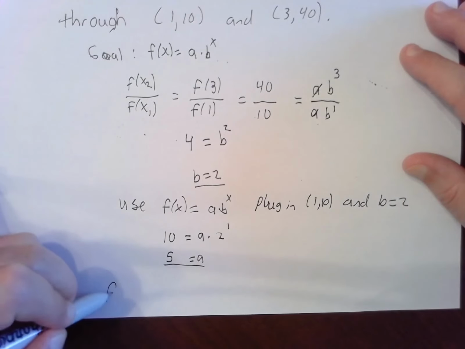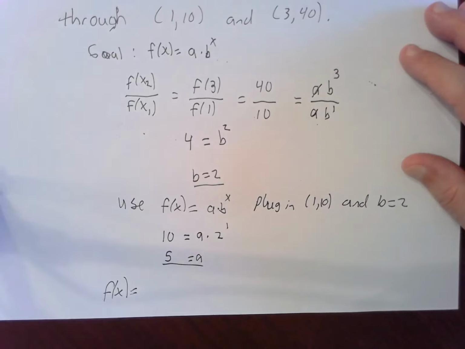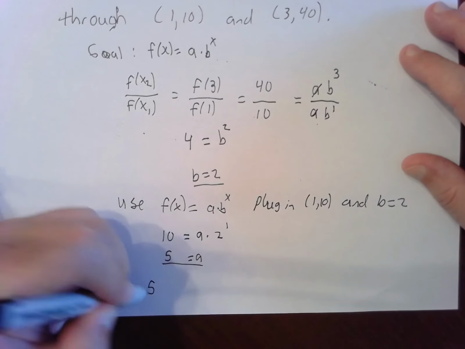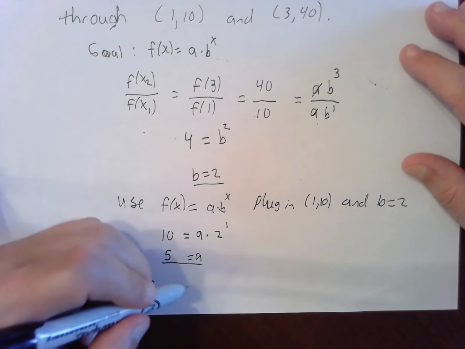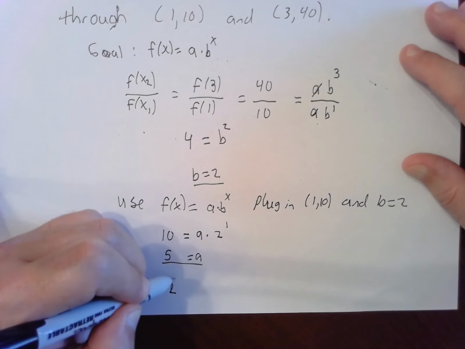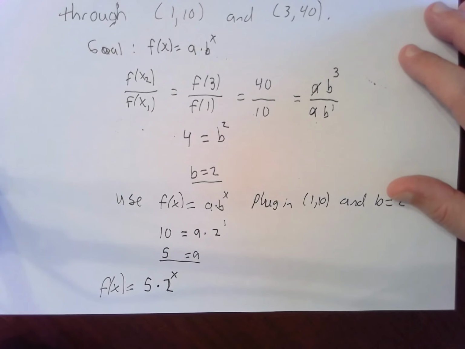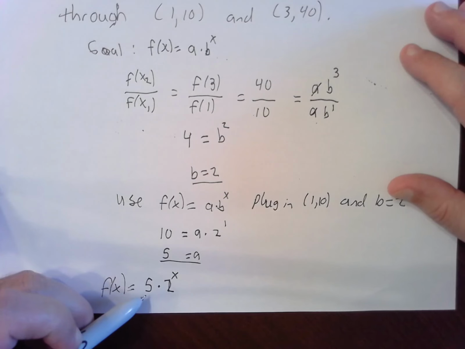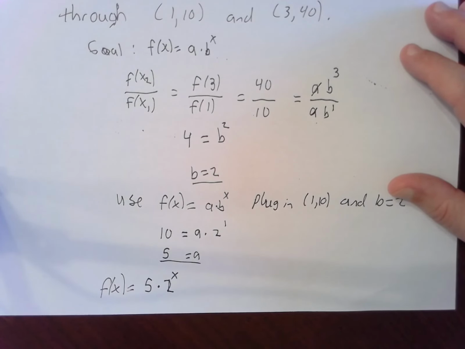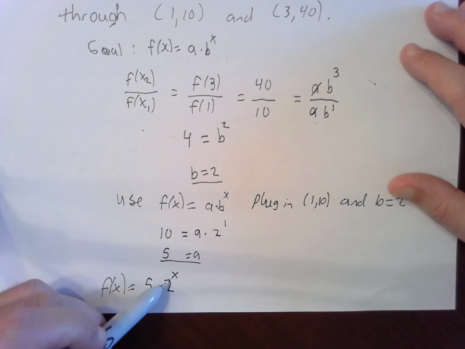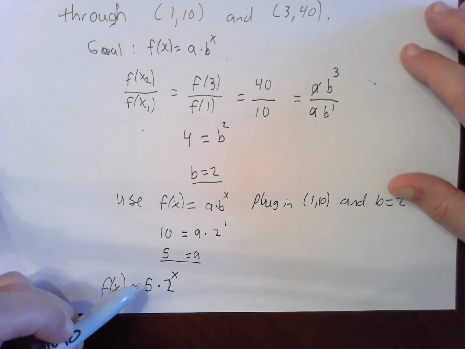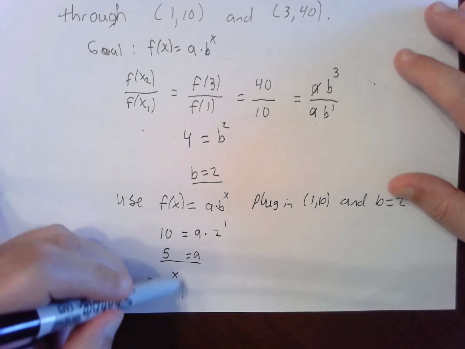So we get f of x equals a times b, 5 times 2 to the x. And I know you're tempted to look at that and say, oh, well, that's 10 to the x. No, it's not. Order of operations. This is 2 raised to the x, then multiplied by 5. I cannot multiply the 5 and the 2.